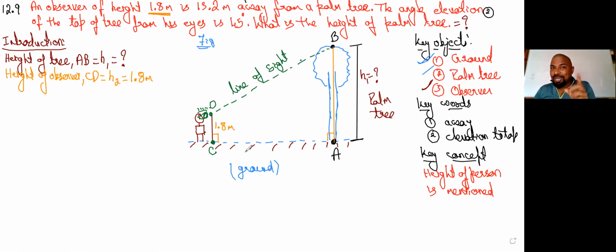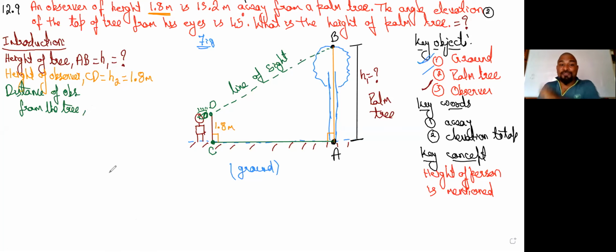But if you check, we missed out a topic. What is the distance? How far is the observer away from the foot of the tree? Let us convert that also into a geometrical shape. This is the distance, AC, the distance of the observer from the tree.